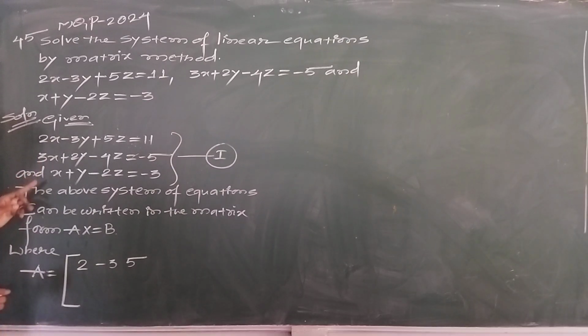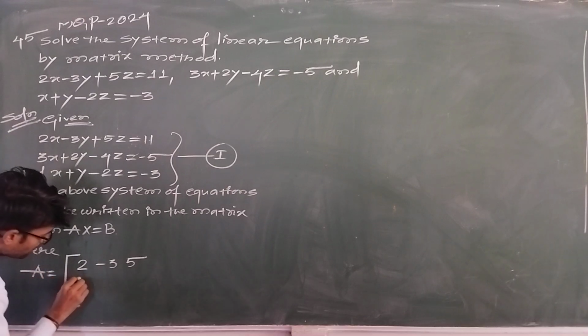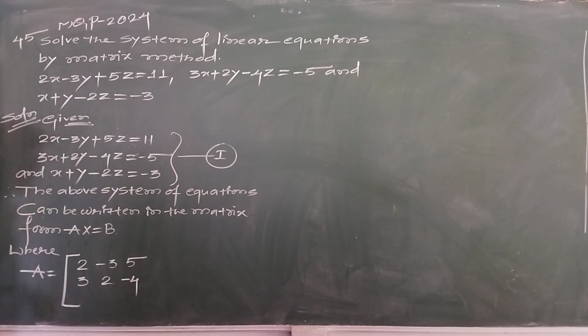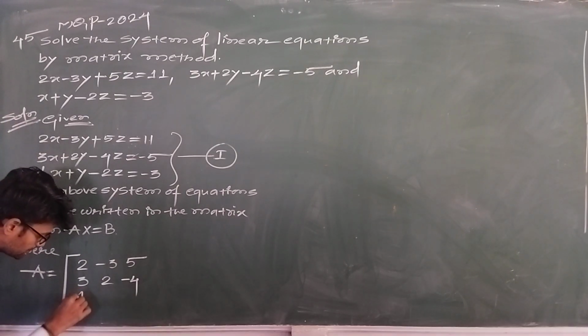Next, in the second equation the coefficients of x, y, z are 3, 2, minus 4, and it should be written in the second row. Next, the third equation is x plus y minus 2z. There is nothing in front of x, and you should always consider there is a 1 in front of x. So I will write 1 here.